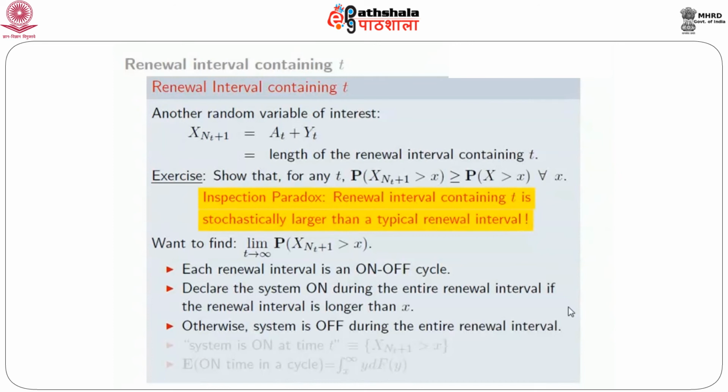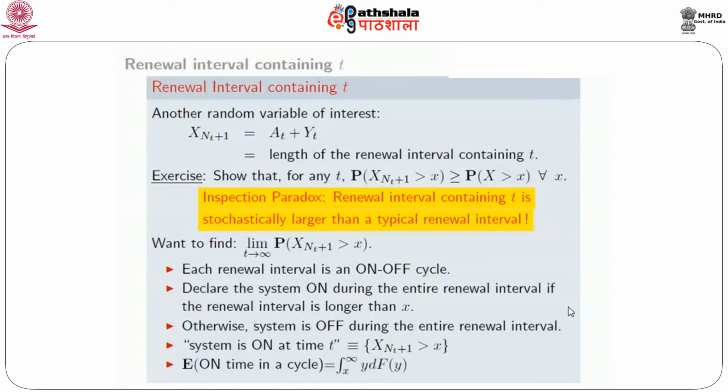So either the system is on for the entire renewal interval and off for a 0 period, or the system is on for a 0 period and off during the entire renewal interval. Now, the system being on at time t is the same as saying that the renewal interval is of length greater than x. That's by definition of on.